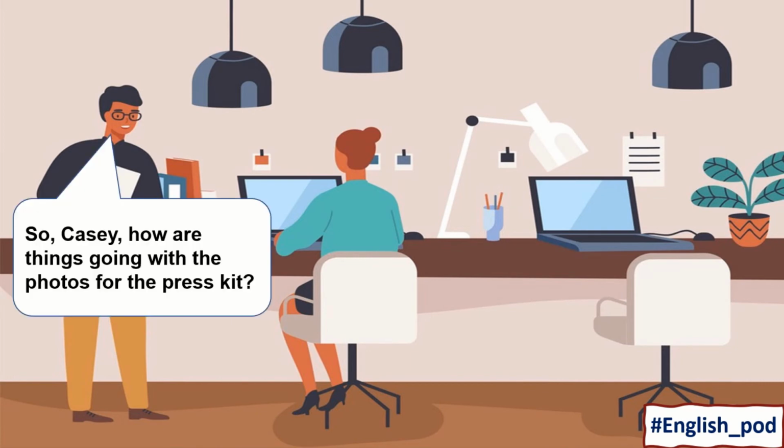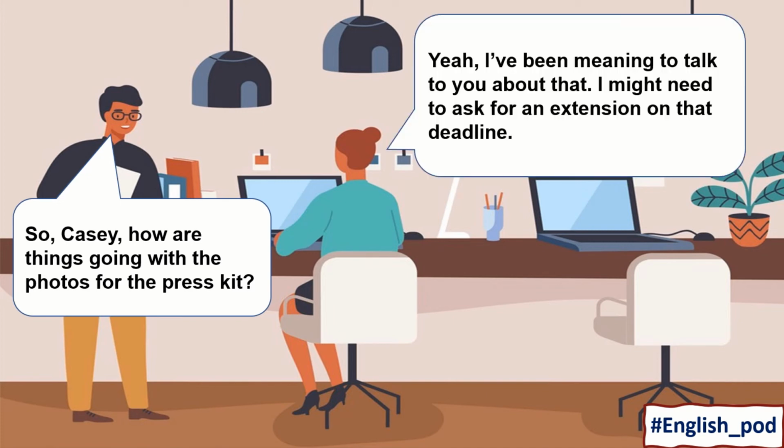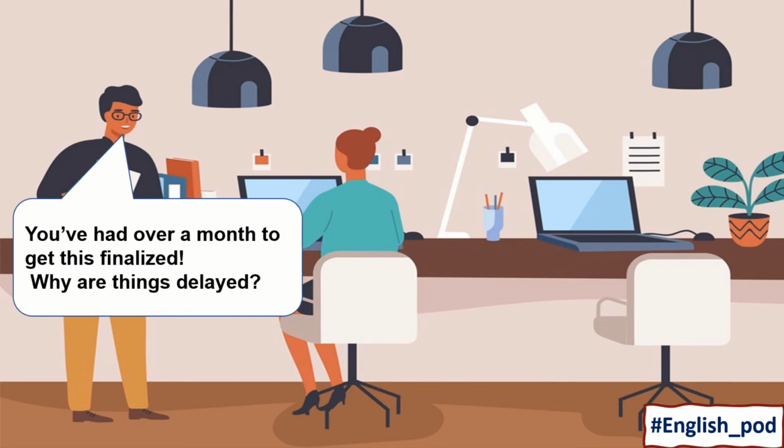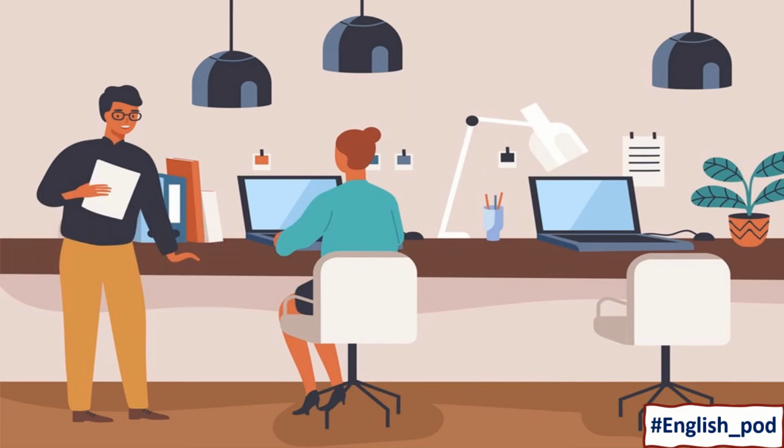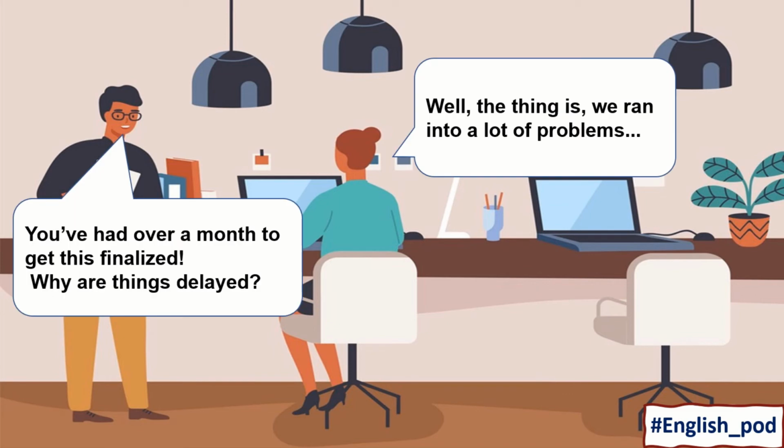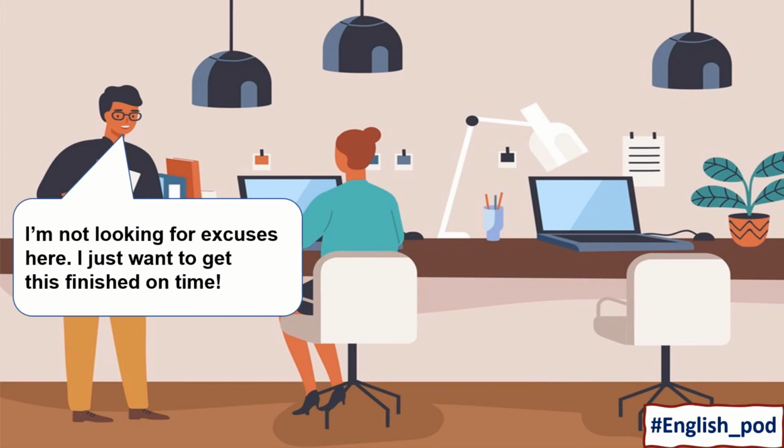So, Casey, how are things going with the photos for the press kit? Yeah, I've been meaning to talk to you about that. I might need to ask for an extension on that deadline. You've had over a month to get this finalized. Why are things delayed? Well, the thing is, we ran into a lot of problems. I'm not looking for excuses here. I just want to get this finished on time.